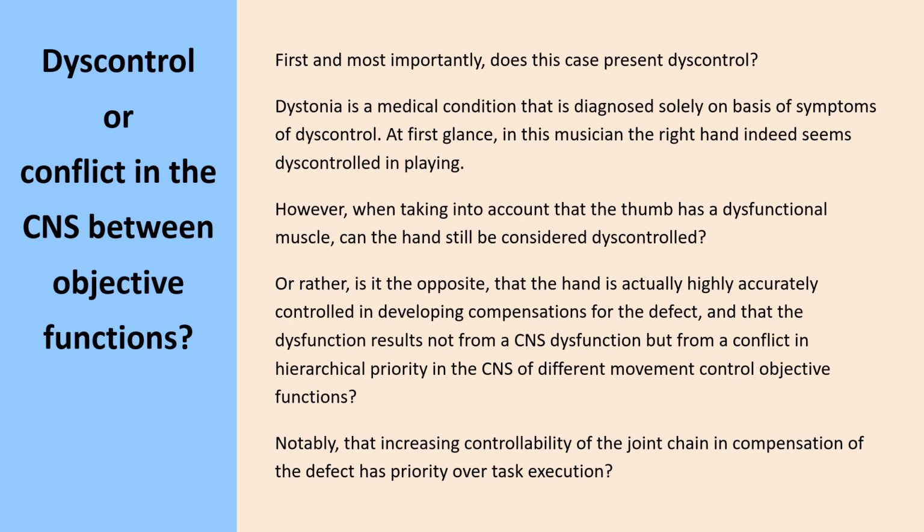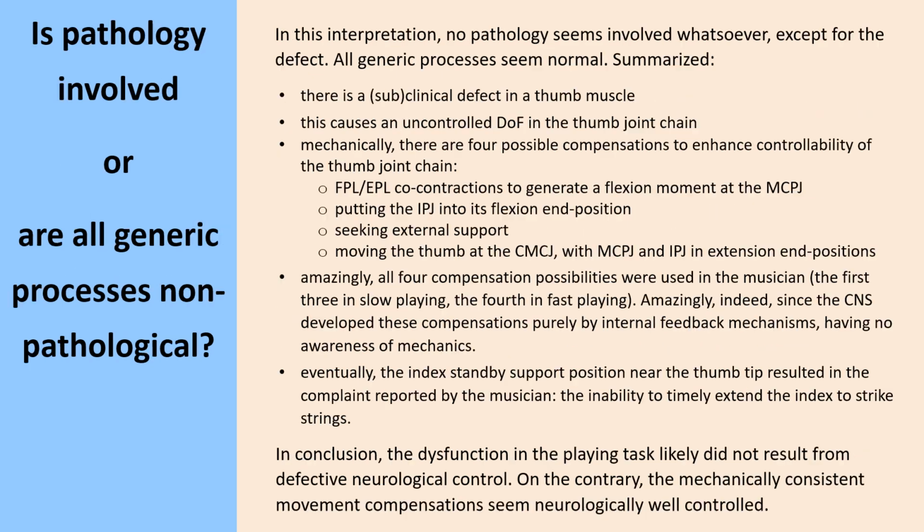Notably, that increasing controllability of the joint chain in compensation of the defect has priority over task execution. In this interpretation, no pathology seems involved whatsoever, except for the defect. All generic processes seem normal.